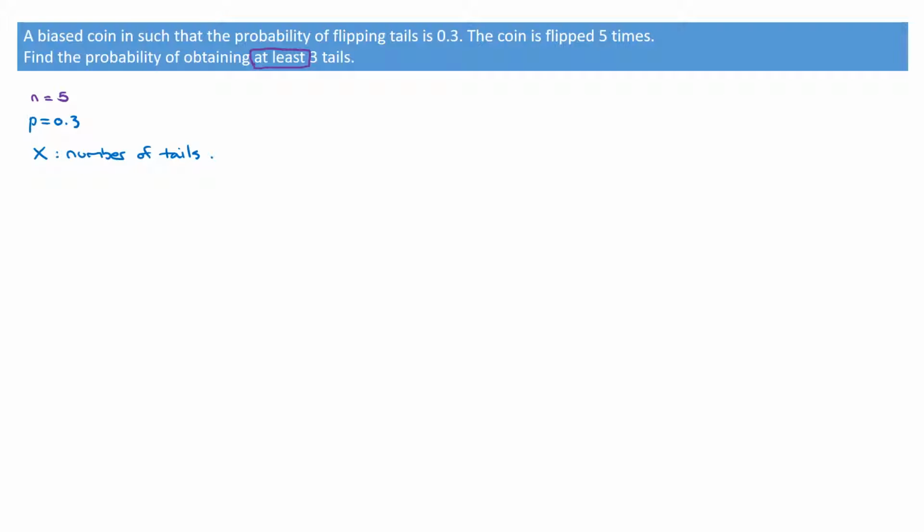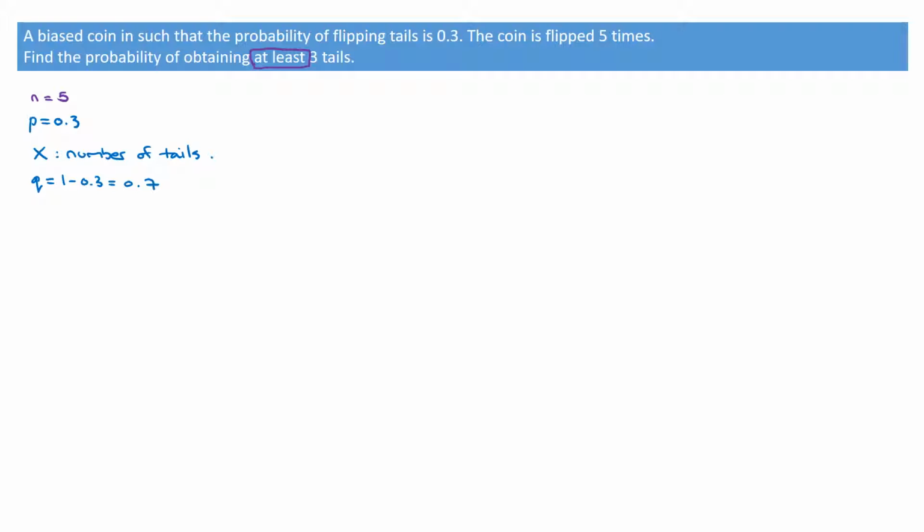Because the probability of a success is 0.3, the probability of a failure, which we call q, is equal to 1 minus 0.3, which is equal to 0.7. So we're interested in finding the probability of obtaining at least 3 tails.